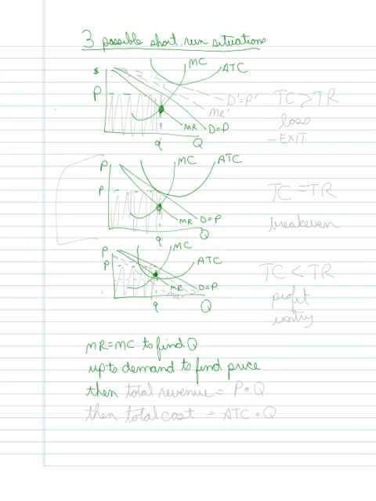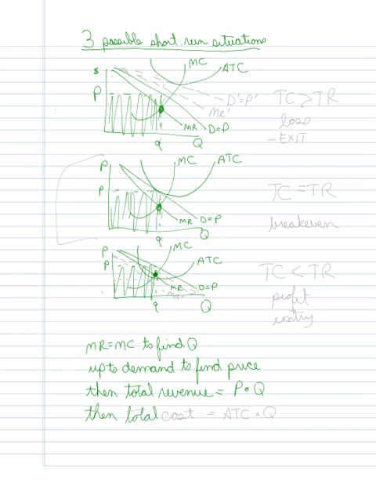Then total revenue equals price times quantity, which means my total revenue is here, here, and here.